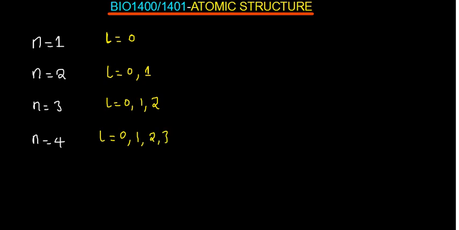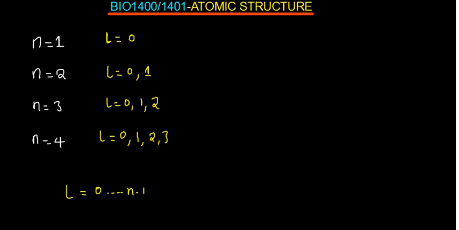How do you find L? L is always from 0 up to n minus 1. Since n is 4, 4 minus 1 is 3, so we start from 0 up to 3. This is how you find L, the angular momentum quantum number.